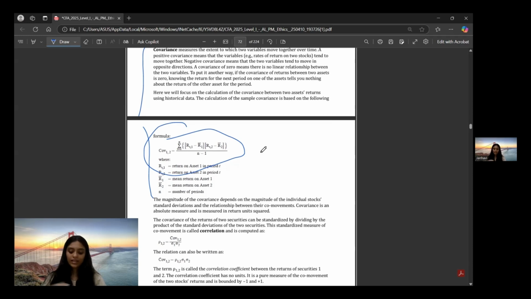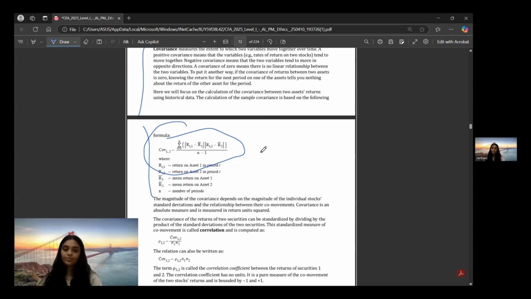So yeah, that's it. Now, to tell you guys a simplified version of the formula of covariance.